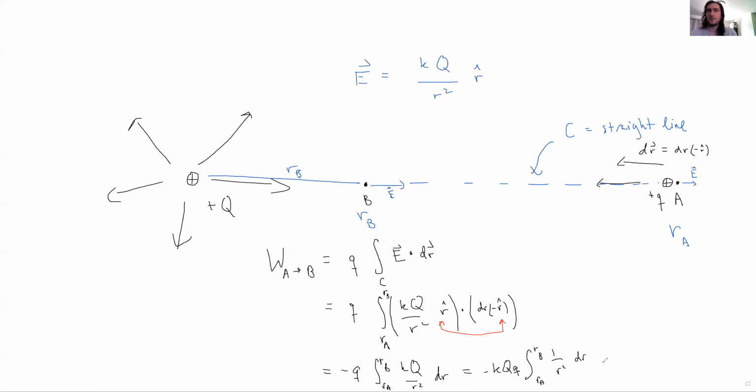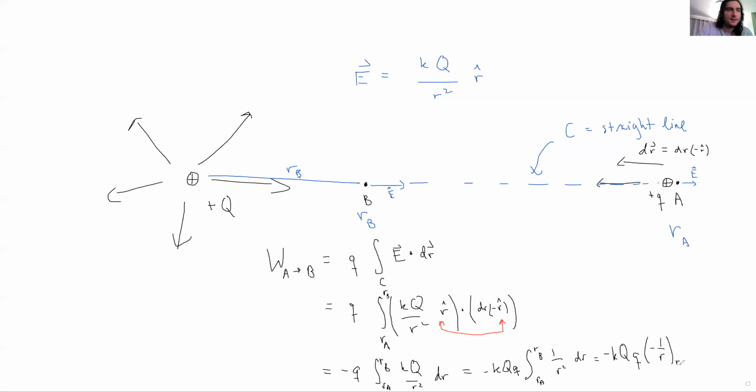We all know this is a power rule integral, hopefully. So r to the minus 2, right, gives us negative r to the minus 1. So we get minus KQq times negative 1 over r.